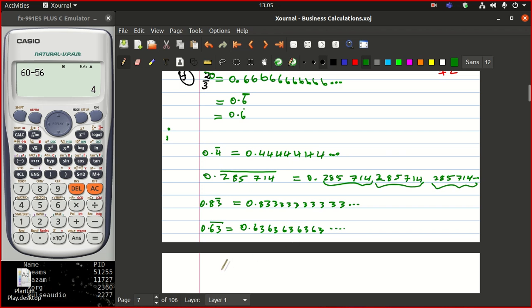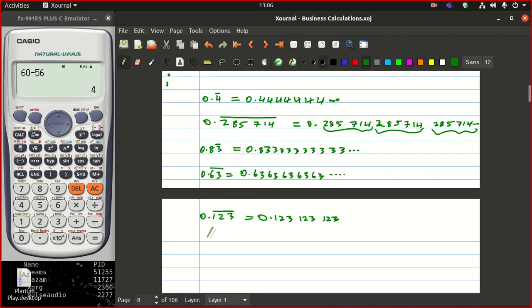So if now I am saying 0.123 and then I have this bar, this means that we are having 0.123 and then I'm repeating 123 and then repeating 123, something like that.